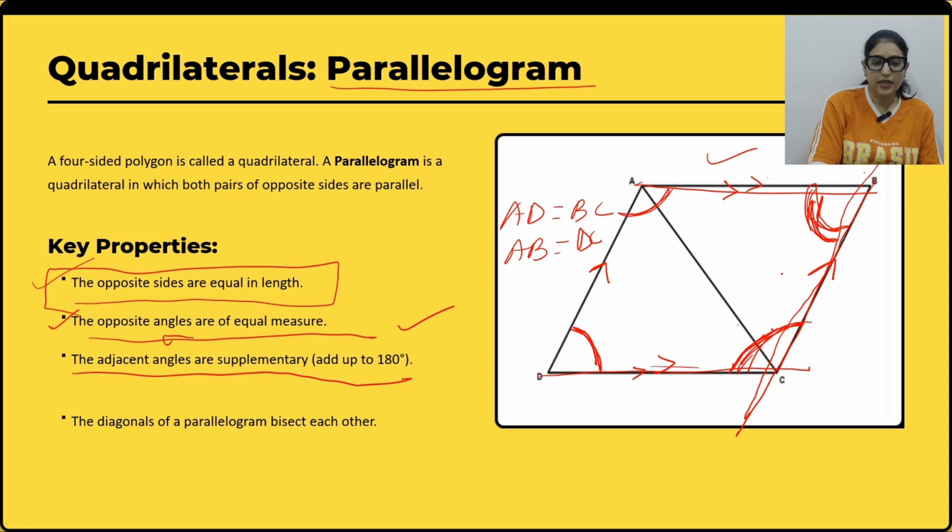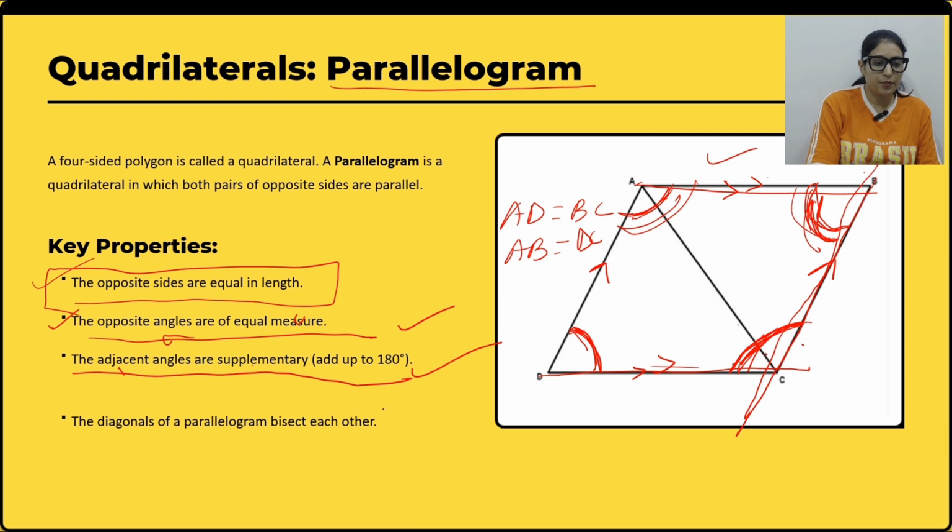So all the adjacent angles, like angle A plus D, will be 180. D plus C are adjacent, so D plus C will be 180, C plus B will be 180 and A plus B will also be 180. So adjacent angles will be supplementary.